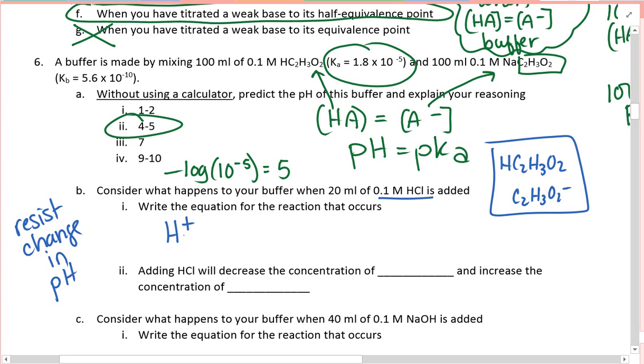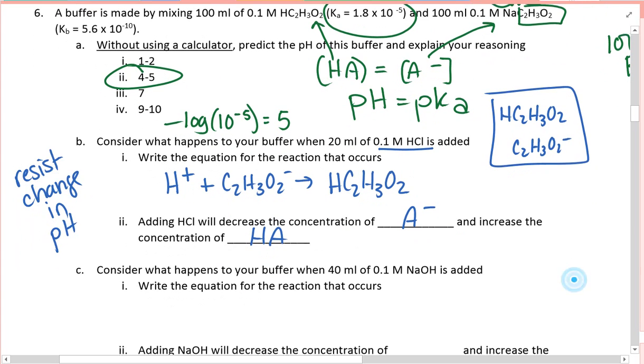Well, is the hydrogen interested in sticking to anybody? Sure, we've got an anion right here that's a weak base, so it's going to come along and stick with my acetate ion, making HC2H3O2. So when you add HCl to your buffer, it's going to decrease the concentration of your anion, the conjugate base, and increase the concentration of your acid.